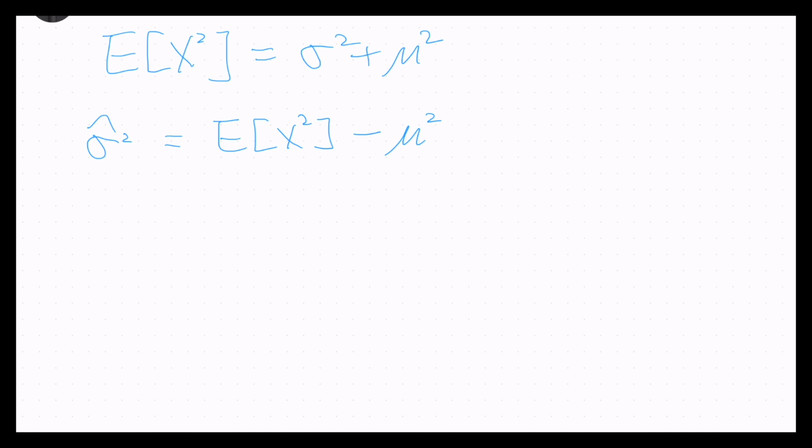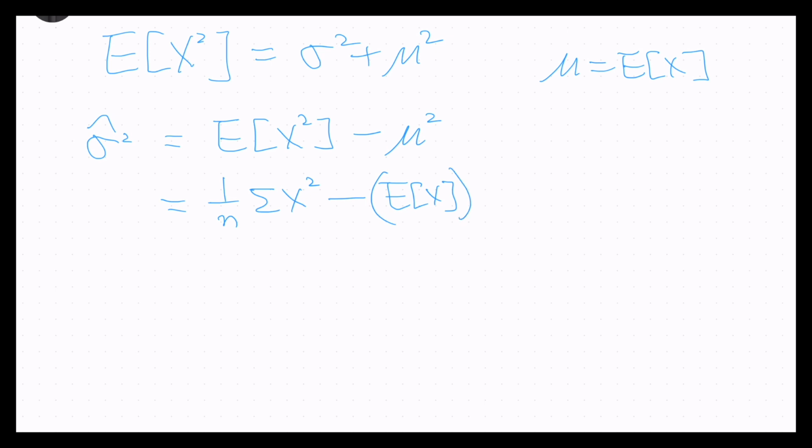Okay, now you can rewrite this as 1 over n sigma x square. And about mu, mu is actually the expected value of x, so mu square will be the expected value of x square.